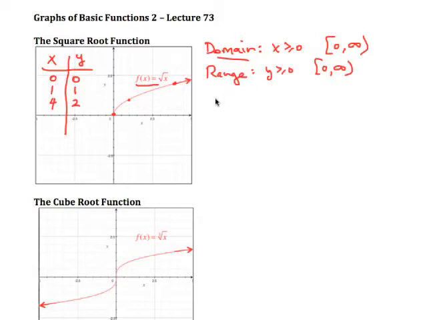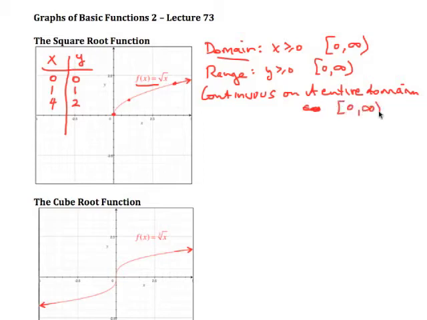Now the next thing is, what about the continuity? Well, you can see here that we can trace over this, over its domain, so it's continuous on its entire domain. So that would be from 0 to infinity, like so.